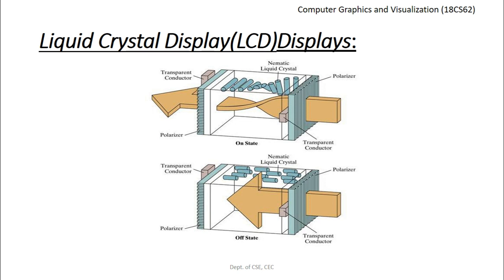The next type of display is the LCD display. As we had discussed earlier, this is a type of non-emissive display. Liquid crystal display is an example of a non-emissive display. These non-emissive display devices produce a picture by passing polarized light from the surrounding or from an internal light source through liquid crystal material that can be aligned to either block or transmit the light.